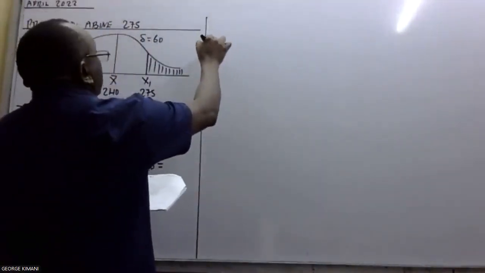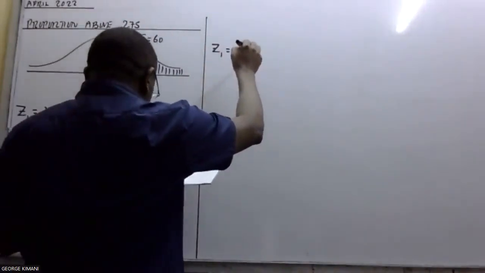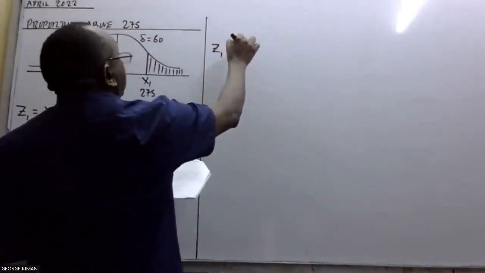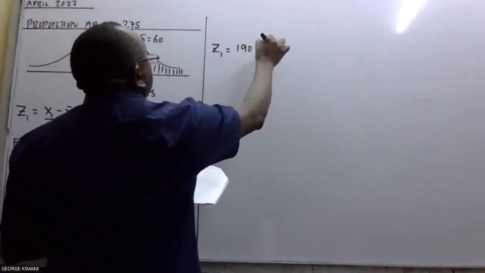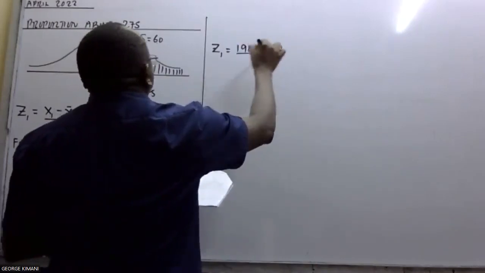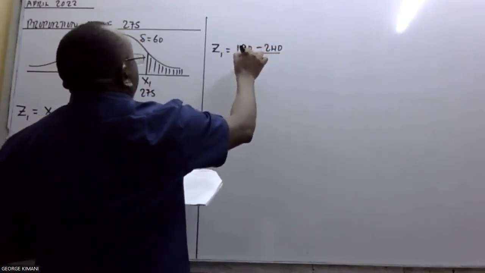That one you should have gotten as 190 minus 240, you divide by 60.